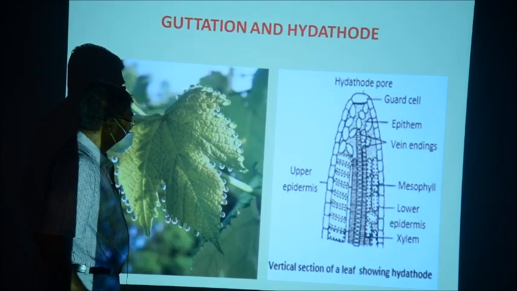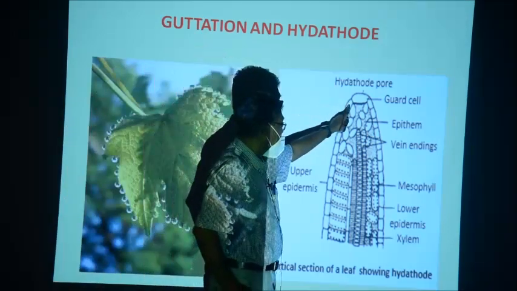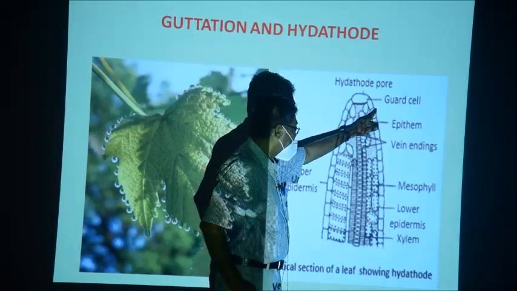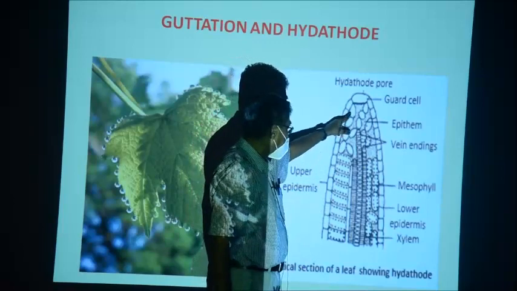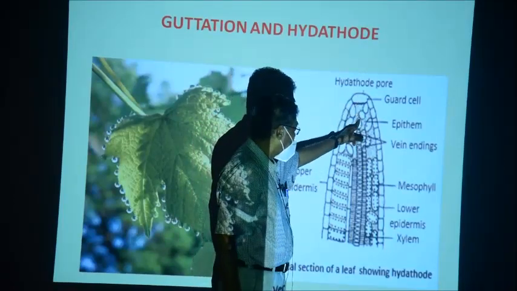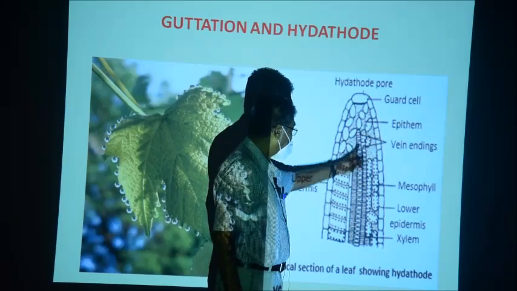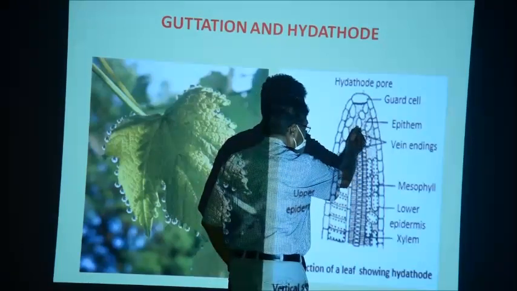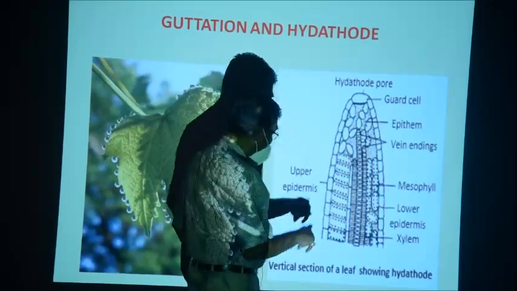Guttation occurs through a pore called the hydathode pore. The guard cells are there, but they are not effective. They are not regulated. The tissue below the pore is called epithem. The vein endings are here. Water through xylem moves to this place and comes out through this during night time.